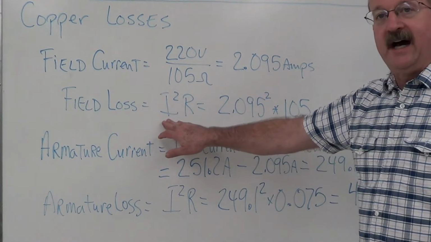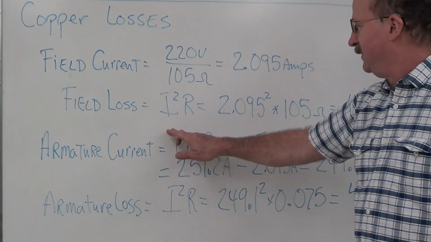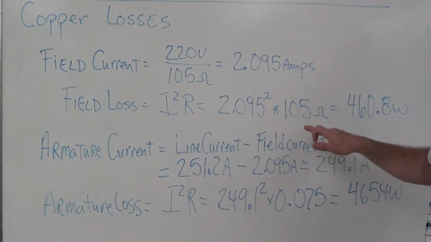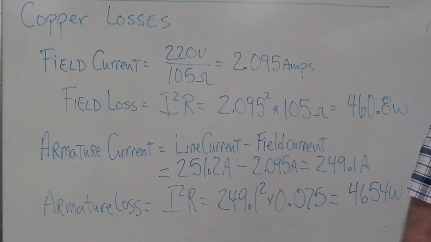Field loss is again I squared R. 2.095 squared times 105 will give us 460.8 watts lost.